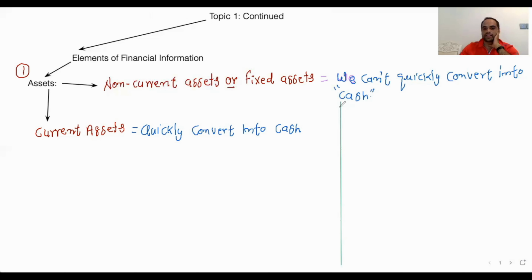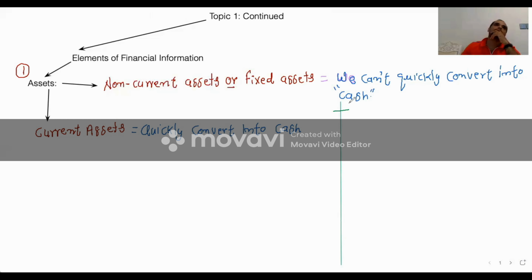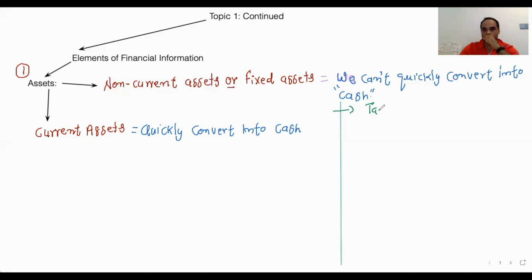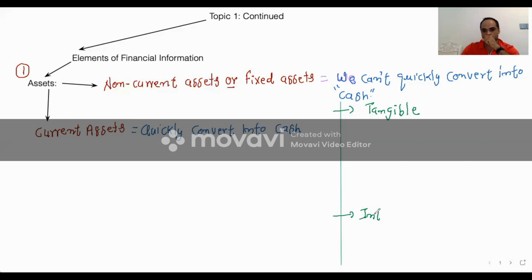In non-current assets, generally, non-current assets are divided into two parts, which are tangible and which are intangible. Tangible non-current assets and intangible non-current assets.